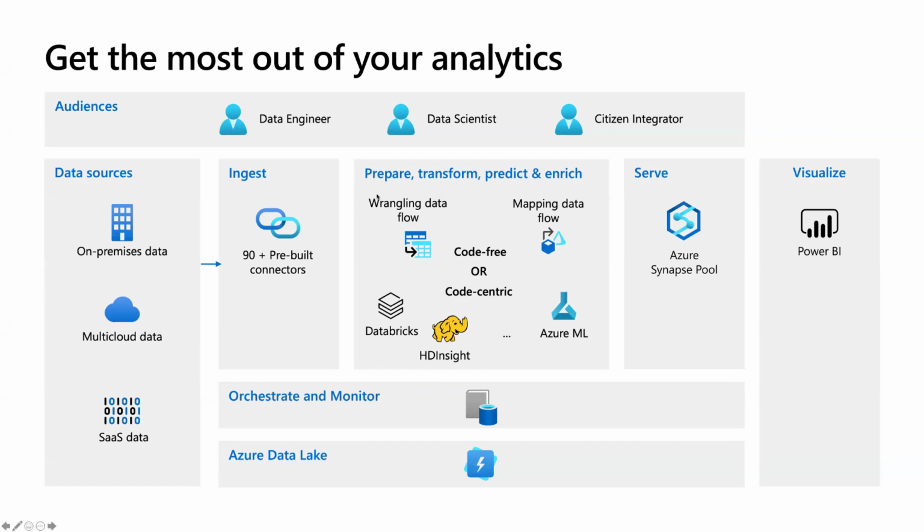You would love the interface that wrangling data flow provides, and you can easily get started learning, understanding your data shape, and then transforming that data. Or if you come from the traditional ETL world and have used mappings in such tools, you would find mapping data flows familiar as well.